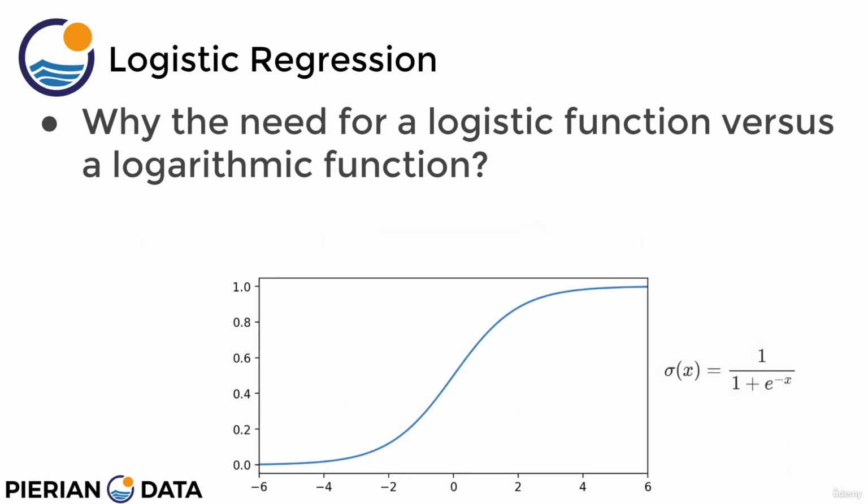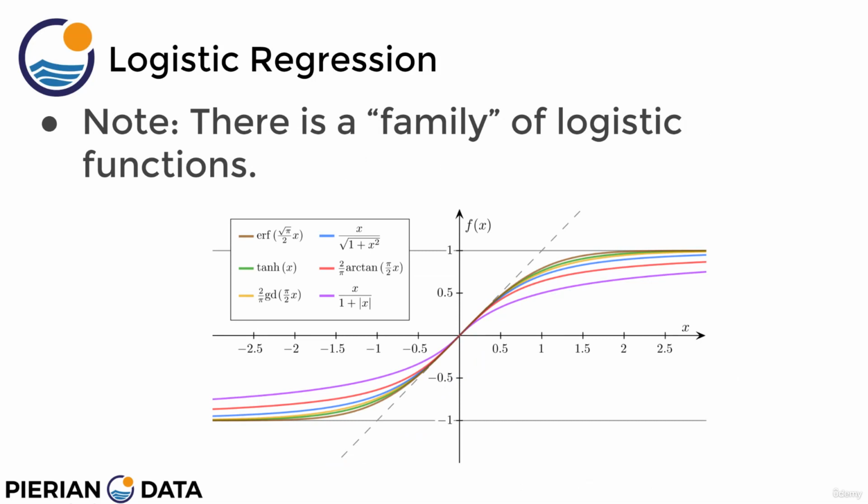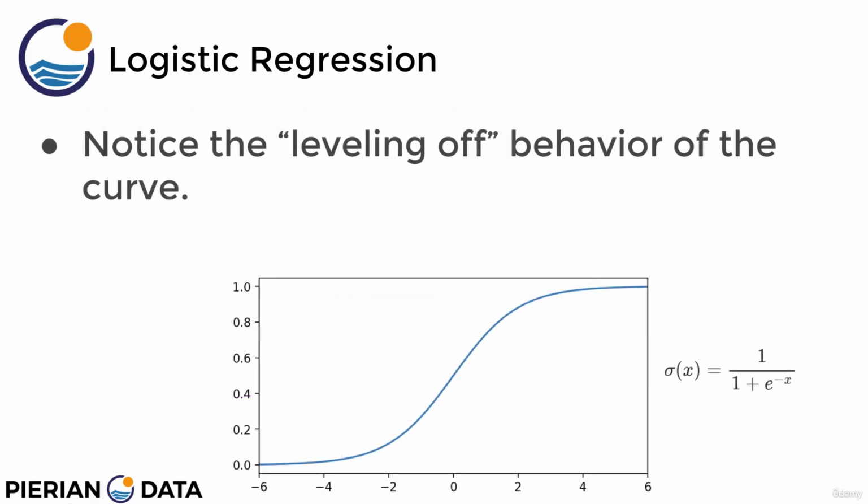If you actually plot out the sigmoid or logistic function, you can see the behavior shown here, where we get this curve and eventually a leveling off. And in fact, you should note that there is a family of logistic functions, many of them based on the hyperbolic tangent. And as I mentioned, you should notice this leveling off behavior of the curve.